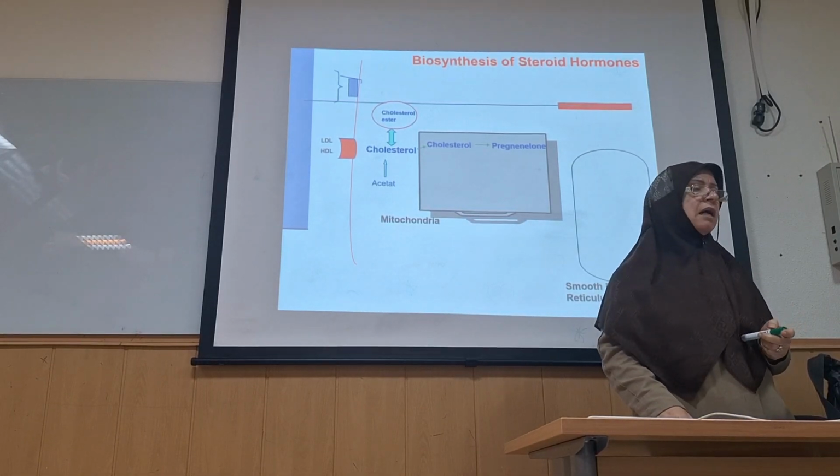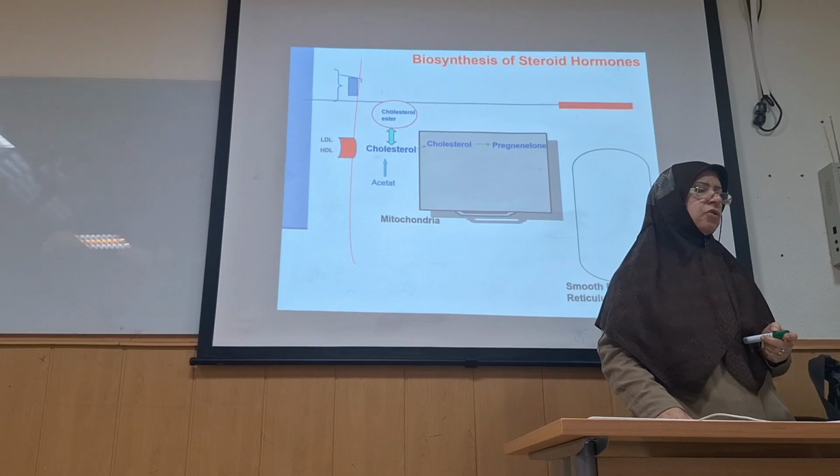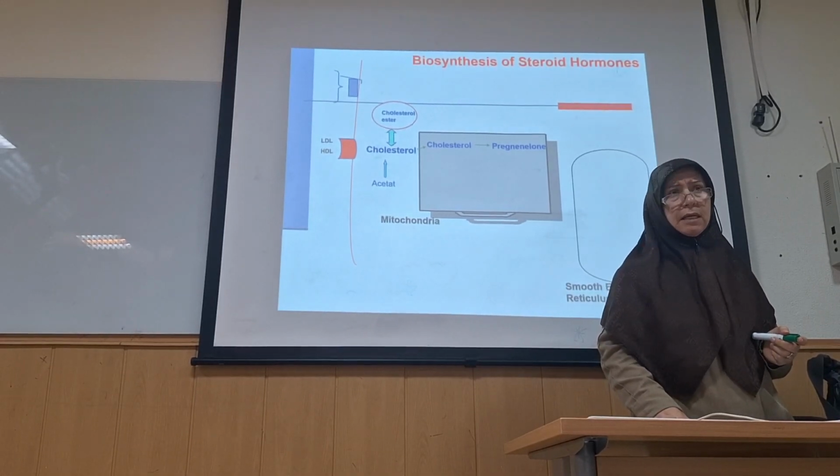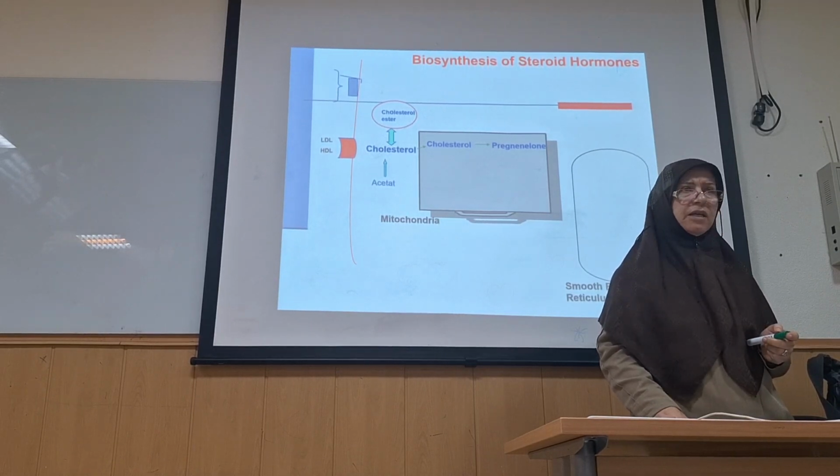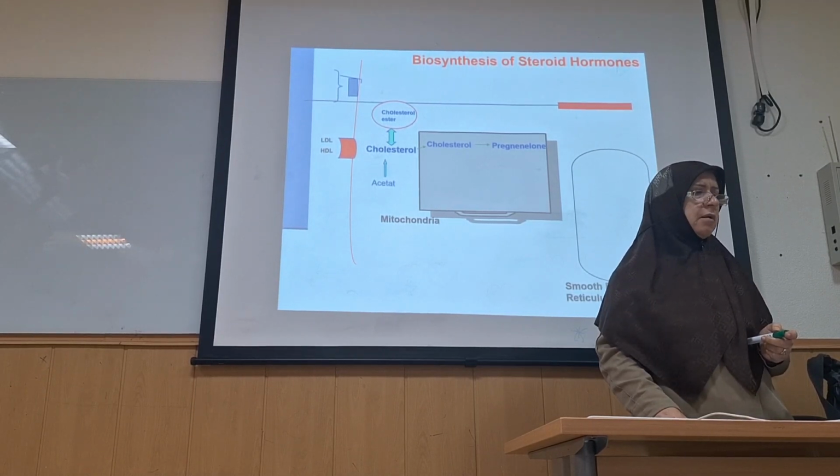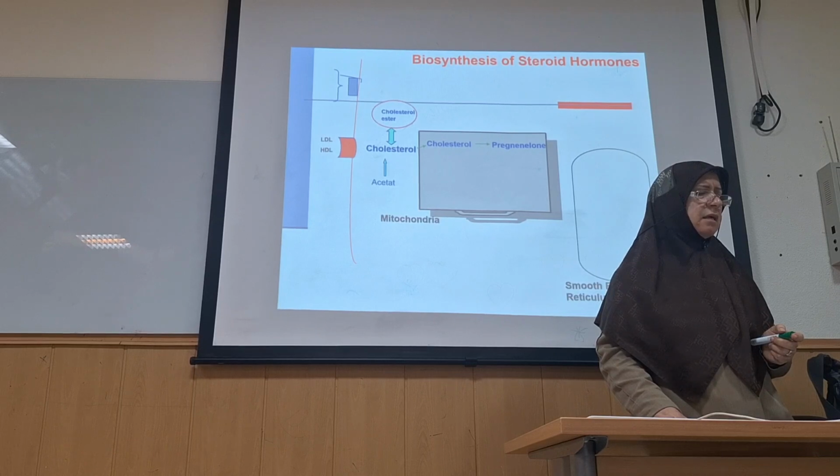Mitochondria. All steroid hormones derive from cholesterol. Cholesterol comes mainly from outside the cells in the form of LDL and HDL, comes inside the cell, and 20% is synthesized from acetate inside the cells.